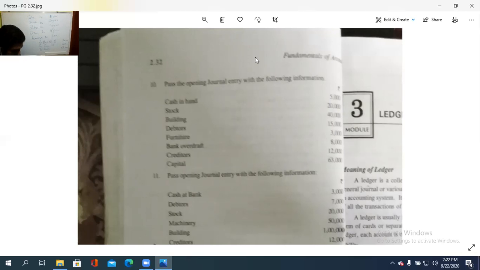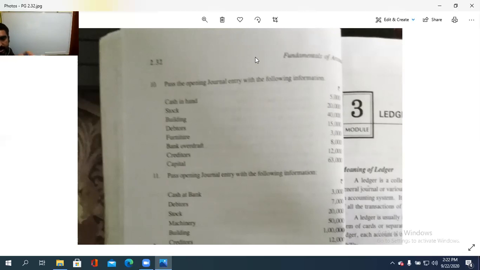See, 83,000 is equal to 83,000. In the same way, see, this is the opening assets and opening liabilities and capital. It should be matched. And if any one item is not there, that is treated as the balancing figure. And one more problem, and then we will wind up.